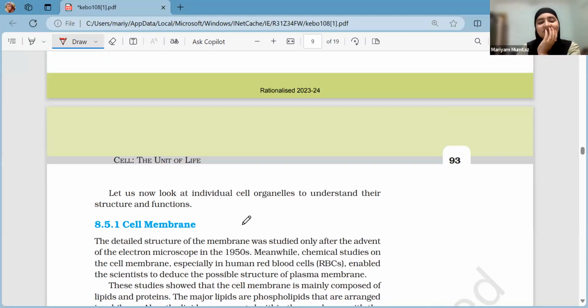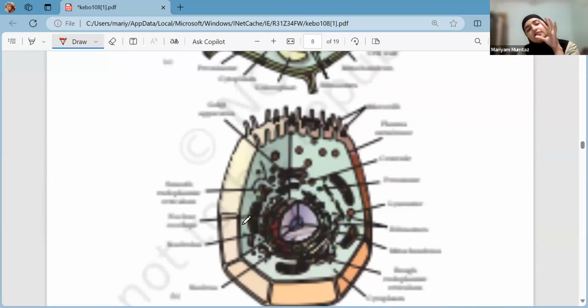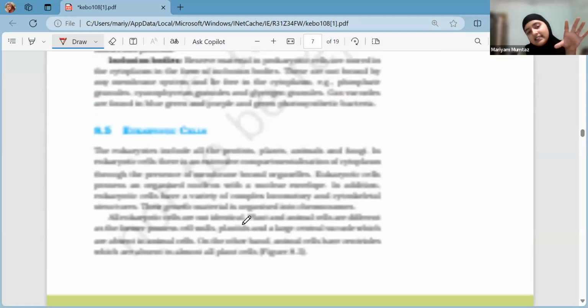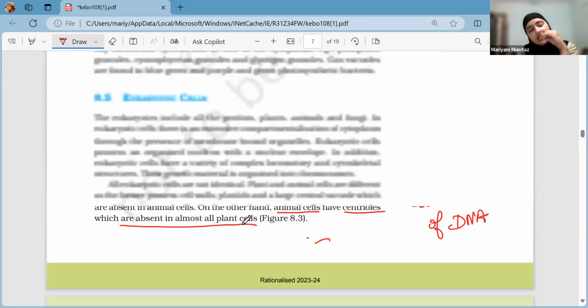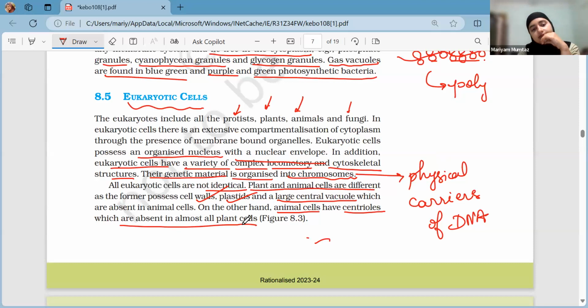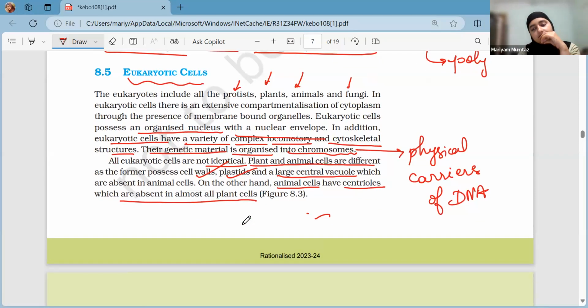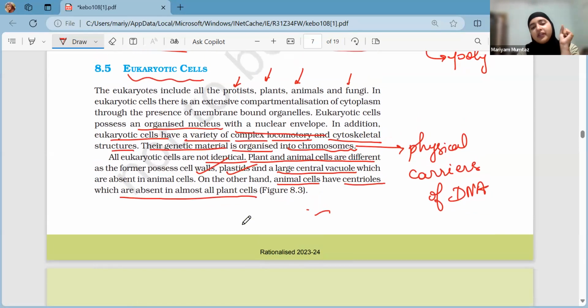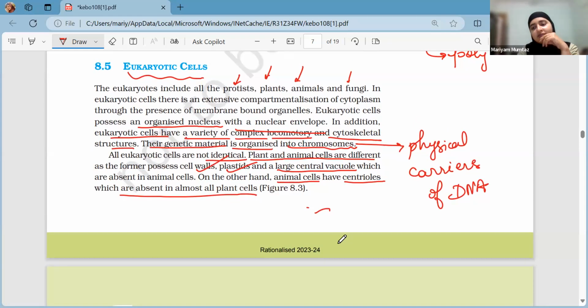All right, so the intro to the eukaryotic cell is clear. Any doubts? Ribosome in prokaryotes is membrane bound or non-membrane bound? Non-membrane bound. Ribosomes in eukaryotes? Non-membrane bound.